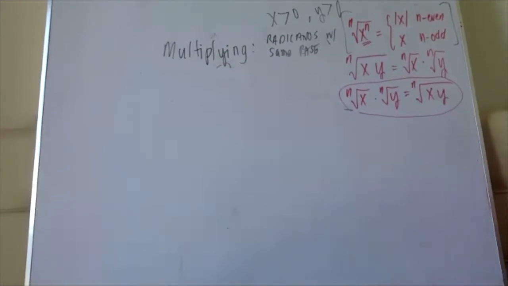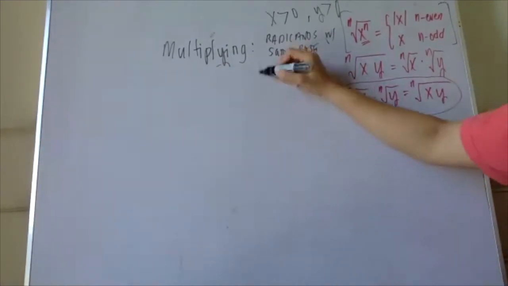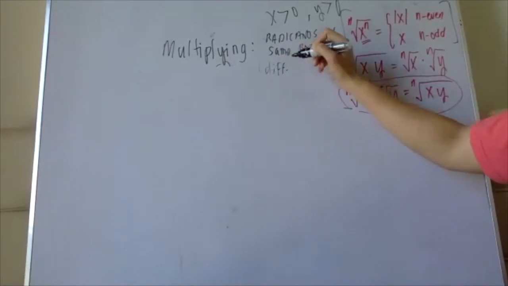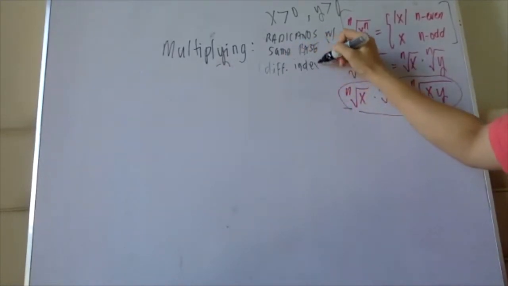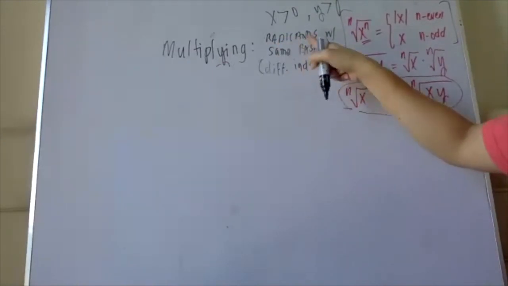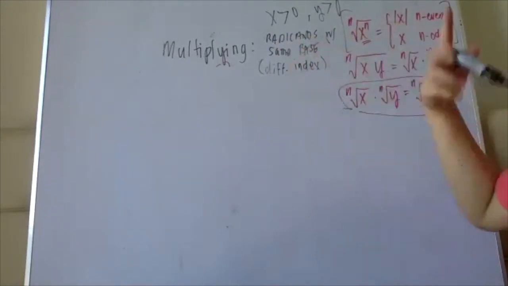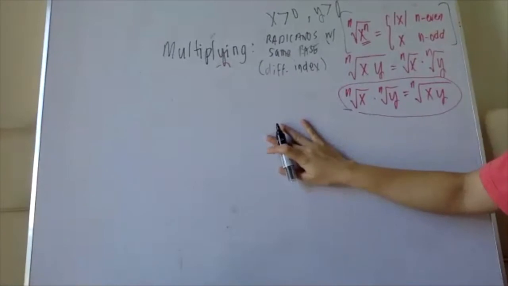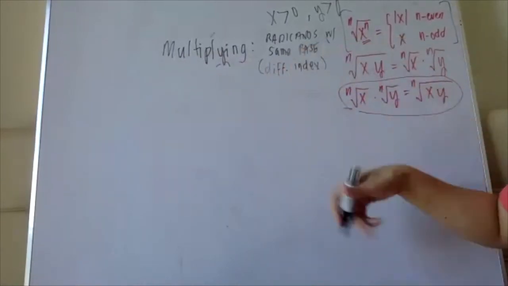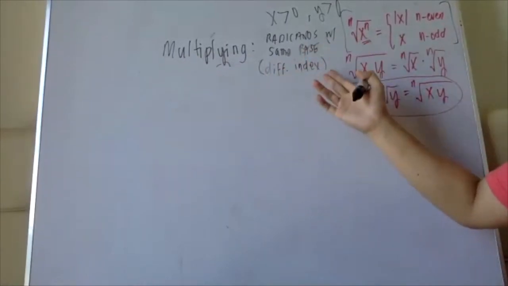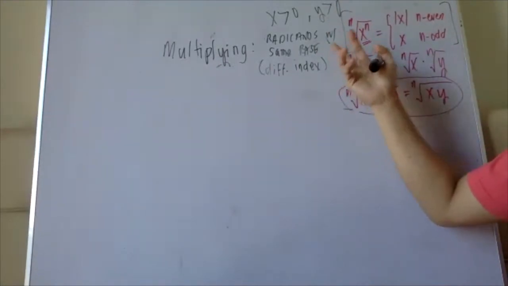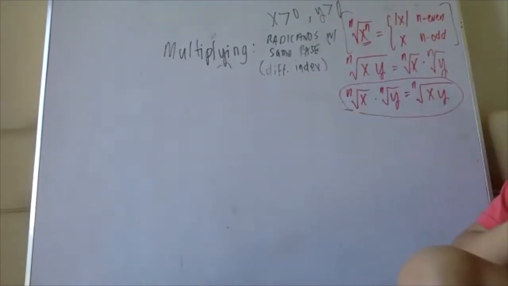So, for example, syempre, different index na dito. Guys, kunwari, may pareho kang, yung radicands mo, may parehong base, pero pareho rin yung index. Huwag mo na itong gawin. Gawin mo yung method for the same na index. Pero kapag magkaiba yung index, check mo, pareho ba yung base ng radicands nila para ma-simplify.